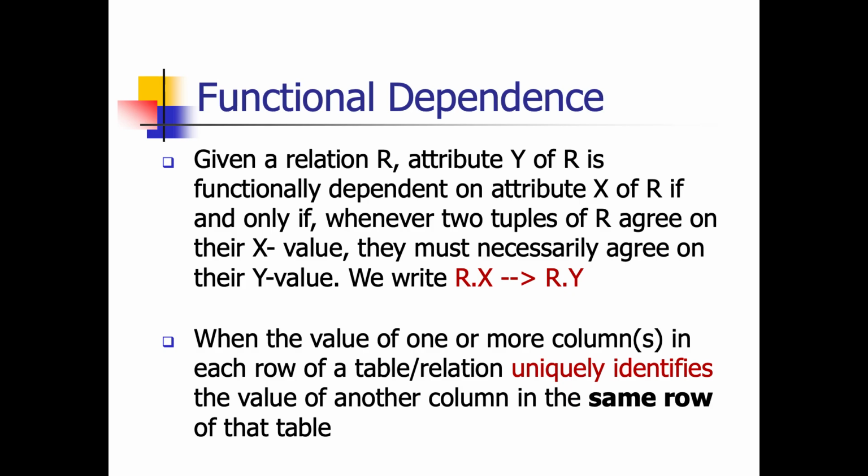Let's say I have course name, this is data mining, and this is database. With dependency, when I say course name depends on course ID, that means course ID can uniquely identify course name or course title.